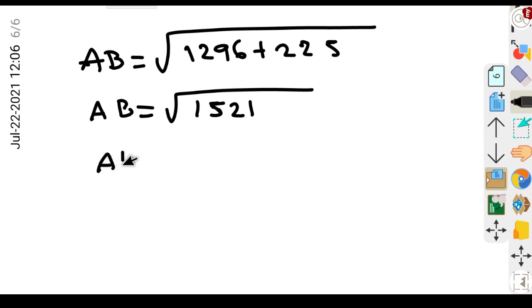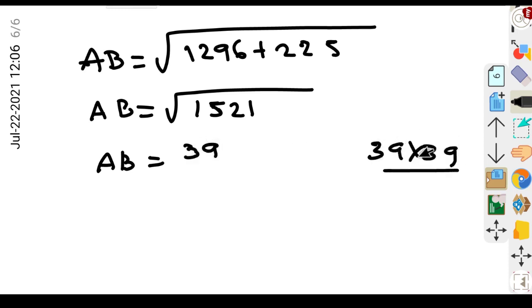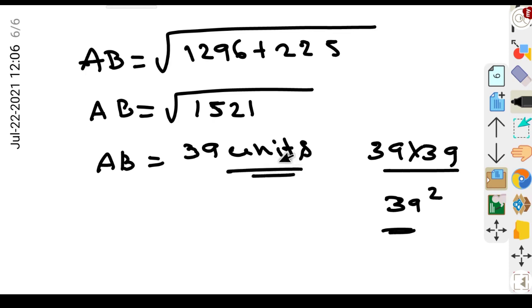Now just check whether this number has a square root, whether this is a perfect square number or not. So therefore the square root of 1521 is nothing but 39. So nothing but 39 into 39, you can check. So 39 square is nothing but 1521. So therefore the distance between AB is 39 units. Now this is the answer for the second question.